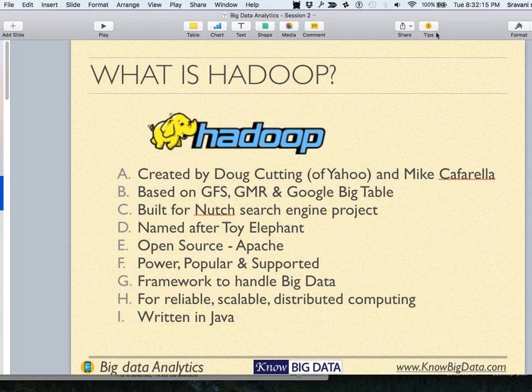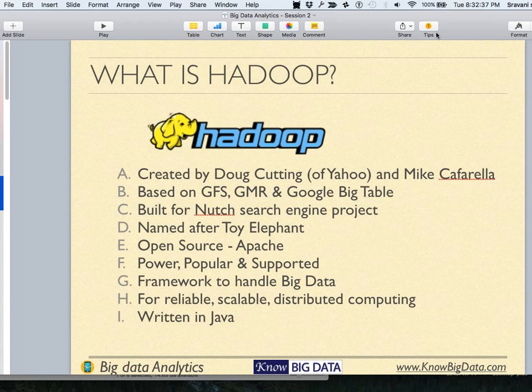At the same time, Google came up with these three papers. They published three papers, Jeff Dean and Sanjay Ghemawat mostly, and there are two more persons who published these three papers, which were basically a big contribution by Google to the world.